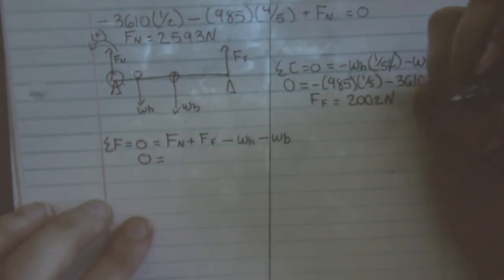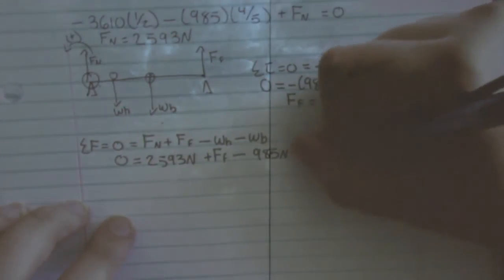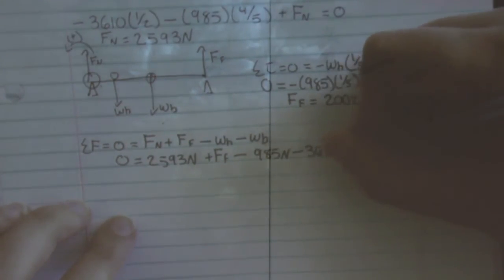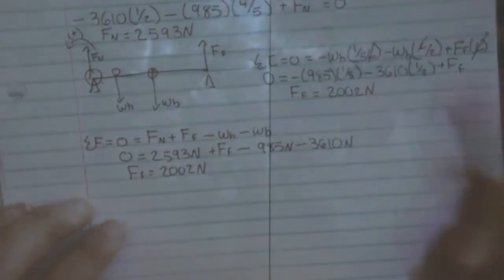So, putting these back in, we know the force near is 2,593 newtons plus force far minus the weight of the hiker minus the weight of the bridge. So when you solve for force far, you will also get 2,000.